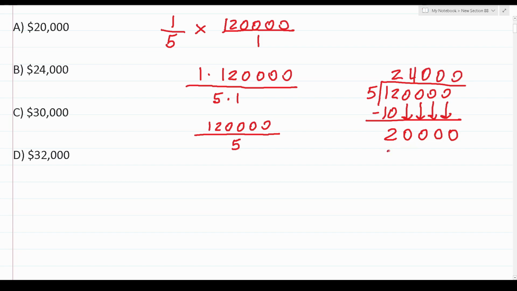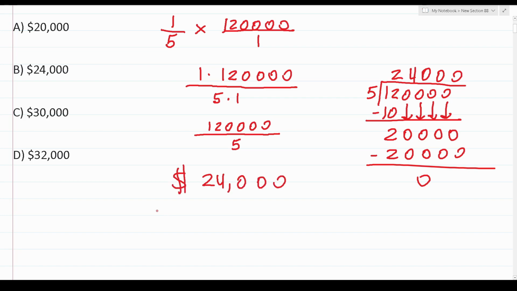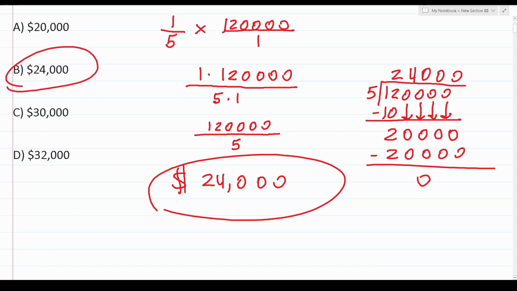So 5 times 4,000 is 20,000. And 20,000 minus 20,000 is nothing. So clearly, 120,000 divided by 5 is 24,000. And in light of that, we know that her down payment is going to be B, $24,000.